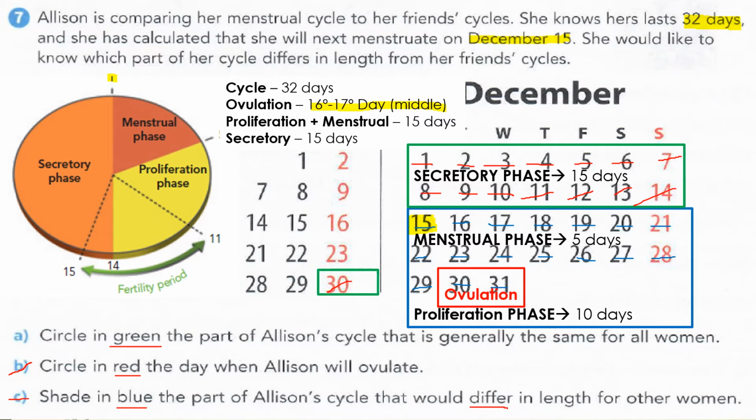So that's my secretory phase, I'm circling it in green. This is not so exact. If you put just day 16 for ovulation, it's also fine. So that's it for this exercise. Let's do the next one.